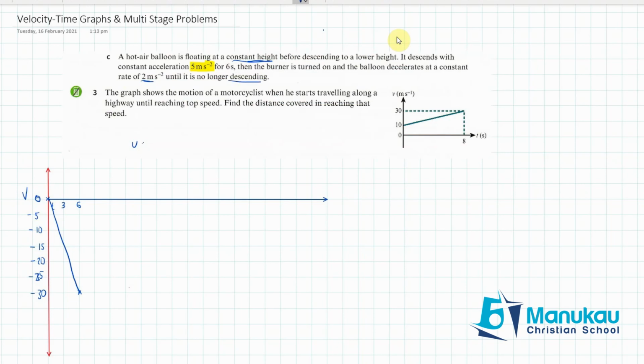In other words, until its velocity is 0, which means it's going neither up nor down. Now, how long is that going to take? Well, if we're increasing from negative 30 at an acceleration of 2 meters per second squared, it's going to take 15 seconds to get back to 0, right? Because 2 times 15 is 30, and we need 30 to make up for the negative 30 we've got.